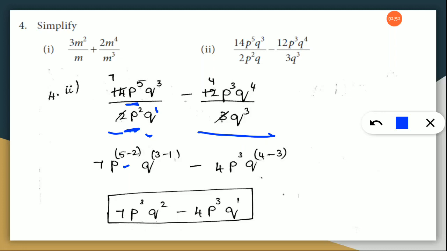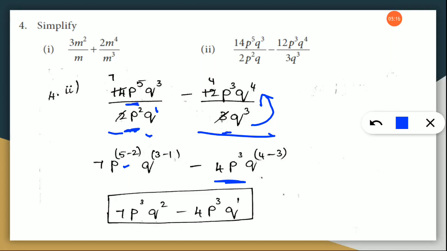Okay. Here I have cancelled already. So 4, p power 3 is there, and in the denominator there are no p values, so we will write it as p power 3, and then this q power 3 is brought to the top. When it is coming here, we have to subtract the powers since it is in division. So q power 4 minus 3.